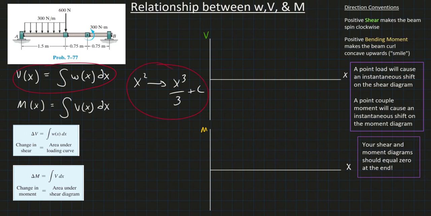So once you get really, really good with this stuff, you might be able to switch over to these and graph your V and M equations a lot faster. And we'll do this in some of the practice videos. But for just introducing this concept, we'll just do the indefinite integrals.